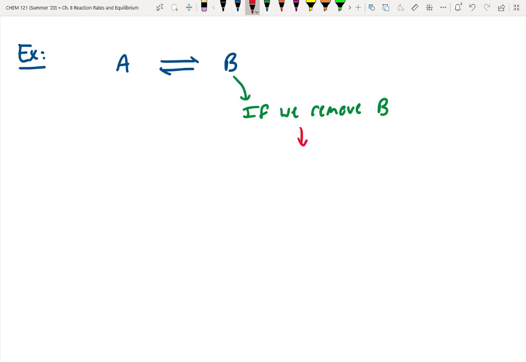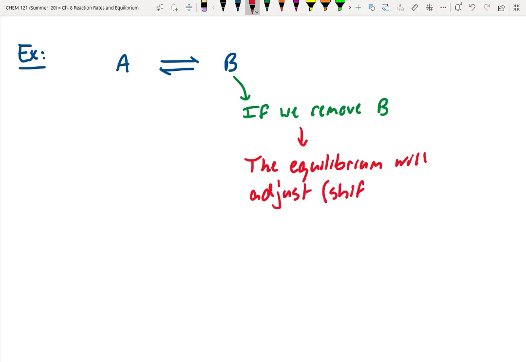If we remove B, then the equilibrium will shift to replace it. We'll adjust, meaning shift right, to replace lost B.